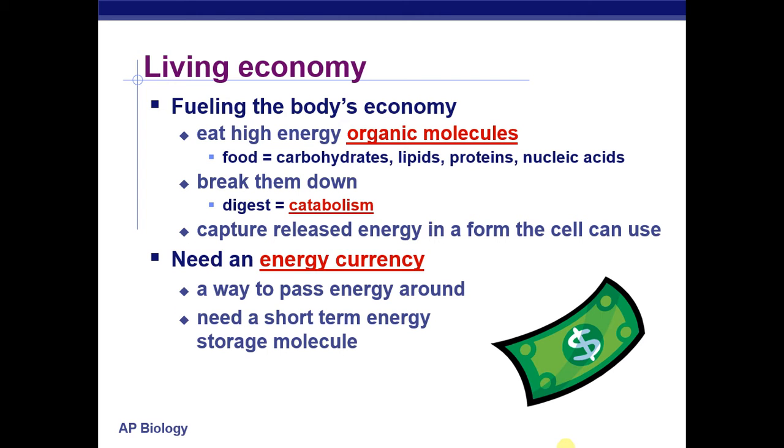And then we need to use it in endergonic reactions, anabolic reactions. And we need what on here it says is an energy currency, a way to move energy from where it's being released in catabolic reactions into where it's being used up in anabolic reactions. So we need some sort of short-term way to store it until we can immediately use it again in anabolic reactions.